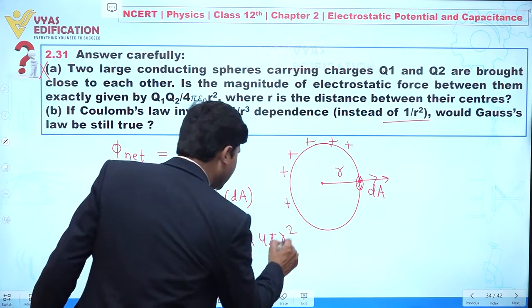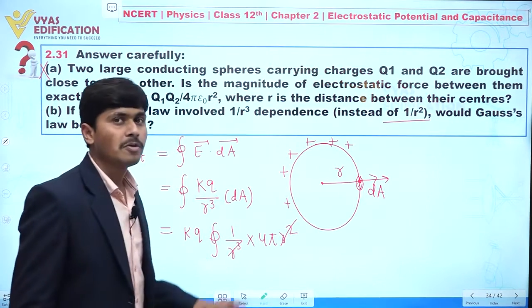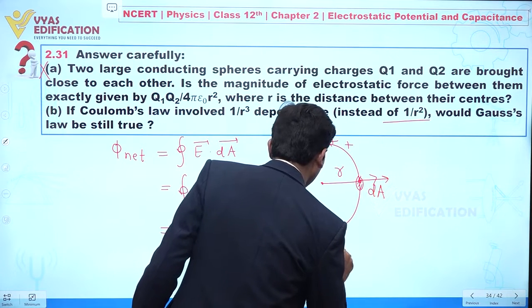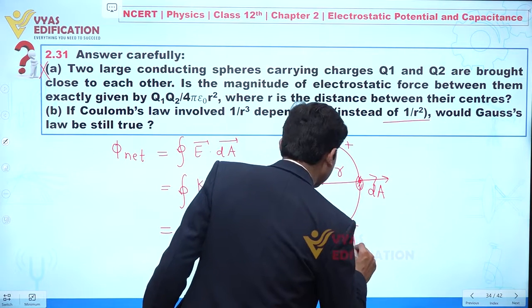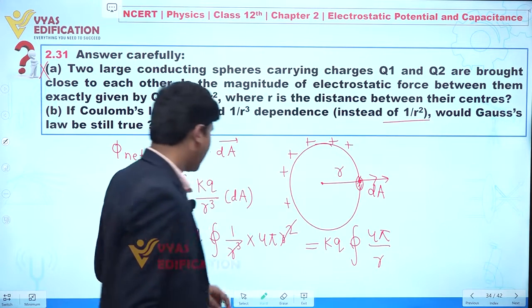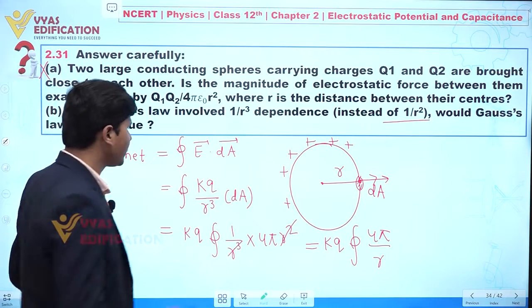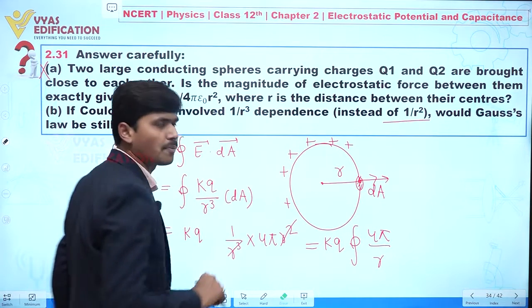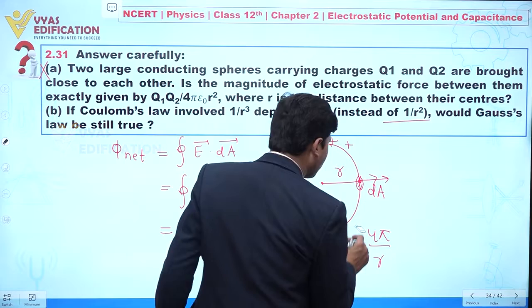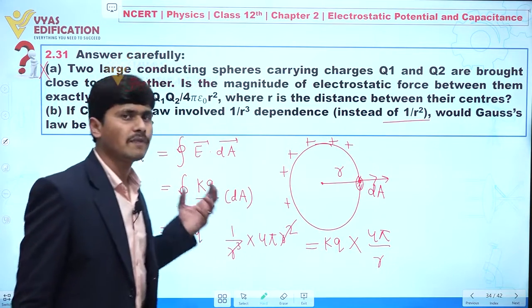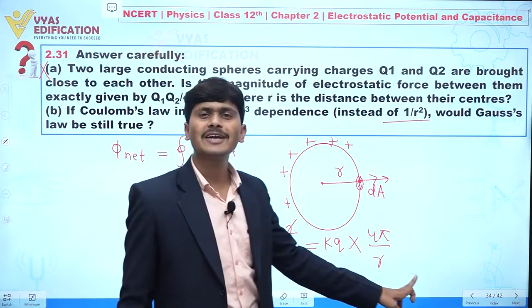Clear? From here we can say this one and this one cancel out, but the important part is that this is equal to kq, and we are getting the value 4 pi by r. Clear? Actually, integration is already over, because we have already written here this is 4 pi r square. Clear? So now the net flux is depending on r.